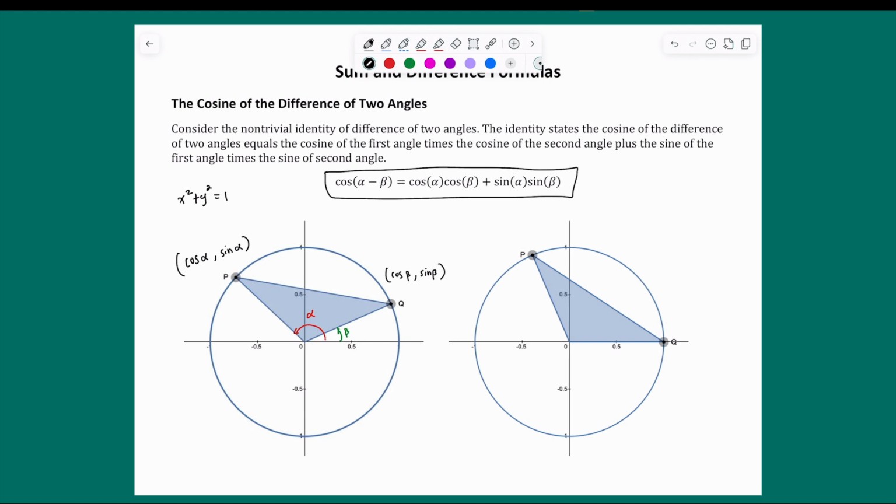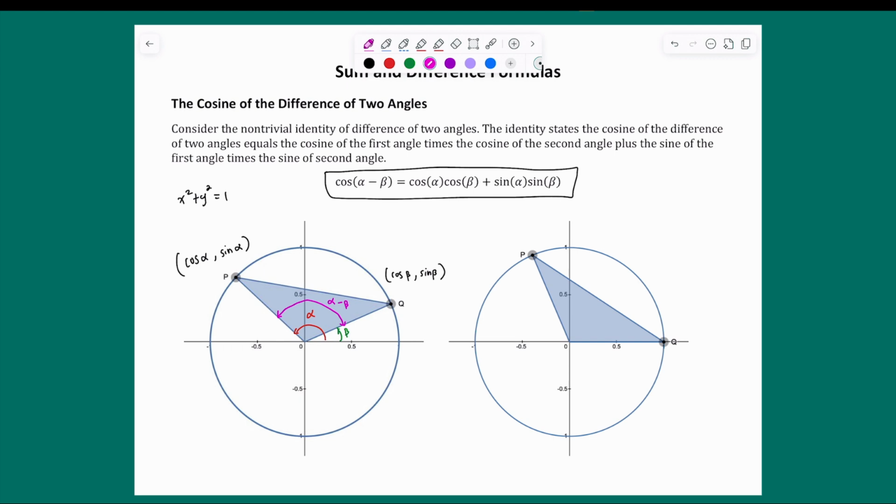I want to make a comment here: if we see this angle alpha in standard position and this angle beta in standard position, if you subtract the two angles, you would get the angle alpha minus beta.